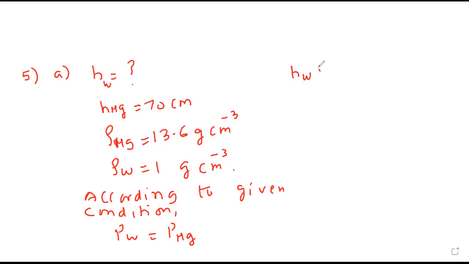So height of water into density of water into G is height of mercury into density of mercury into G. Both sides G we can cancel. So height of water is 70 into 13.6 upon density of water, which is 1.